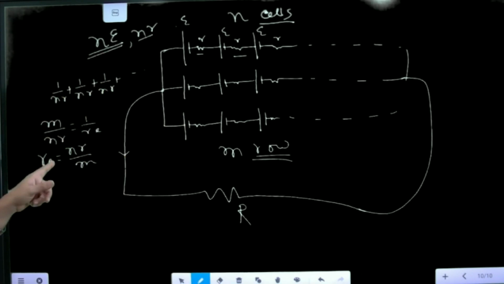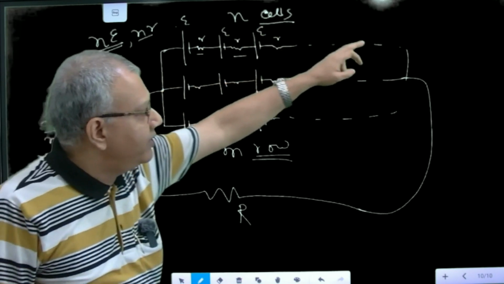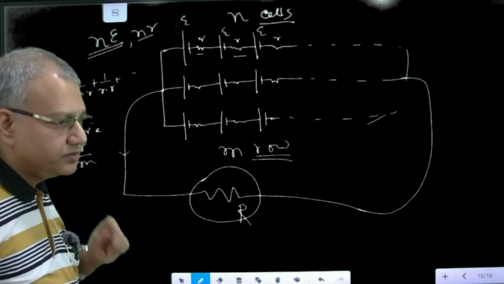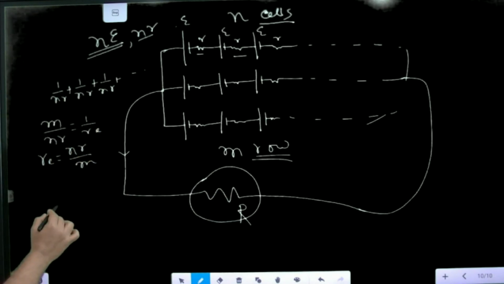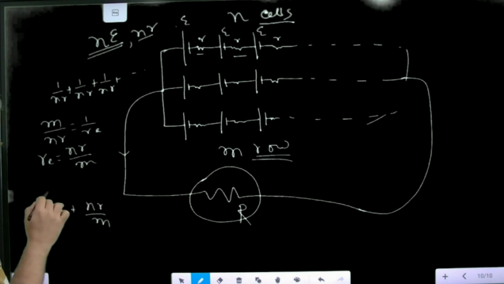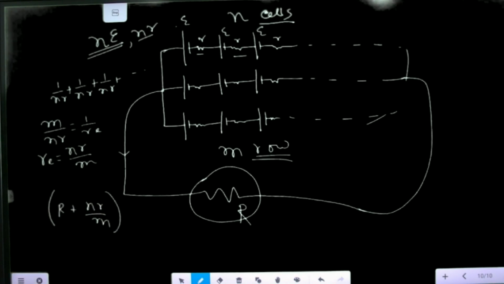Therefore, the total equivalent of this part is going to become in series with the external resistance. So we can have R plus NR by M as the net resistance.